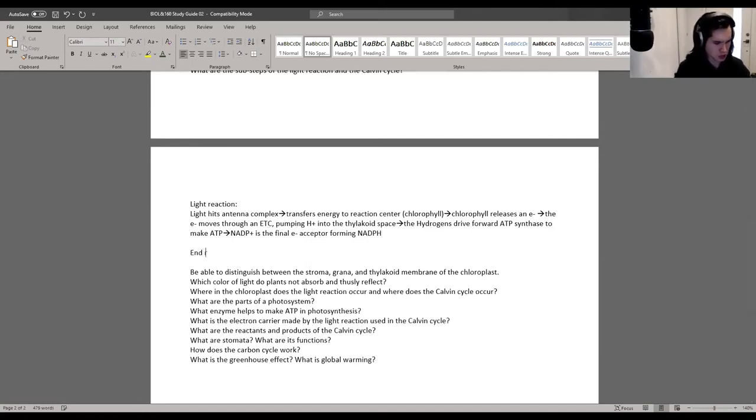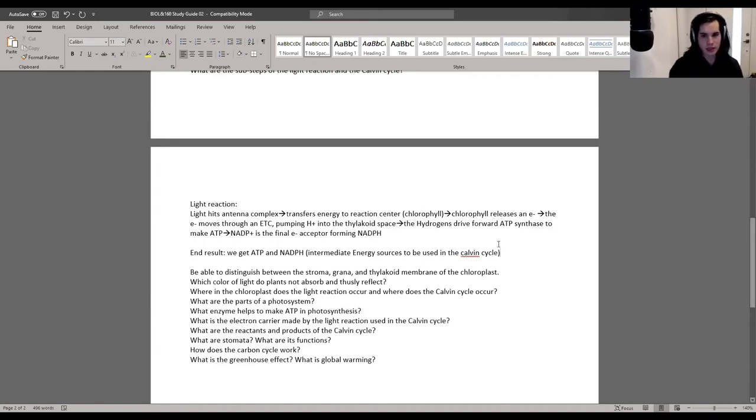So end result, we have ATP and NADPH, which are these intermediate energy sources to be used in the Calvin cycle.